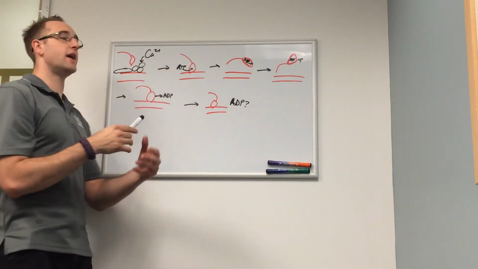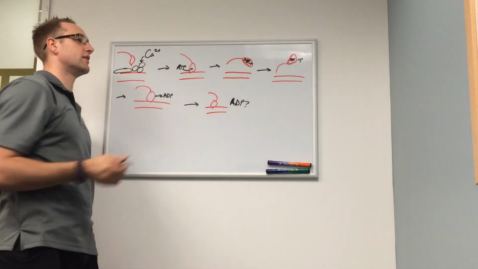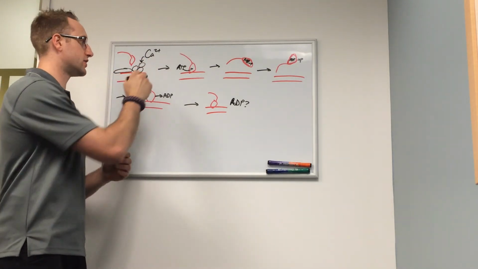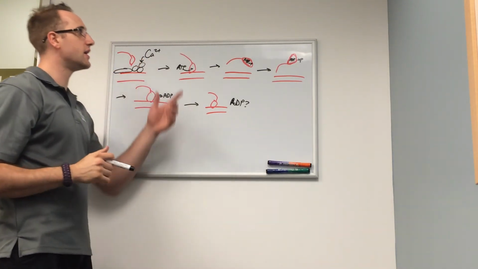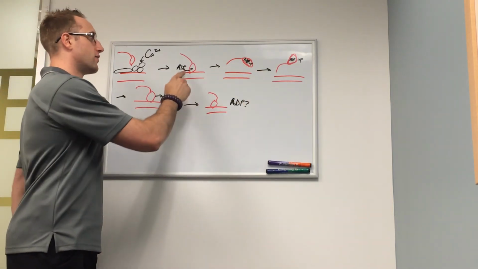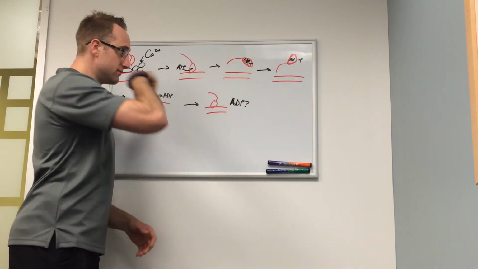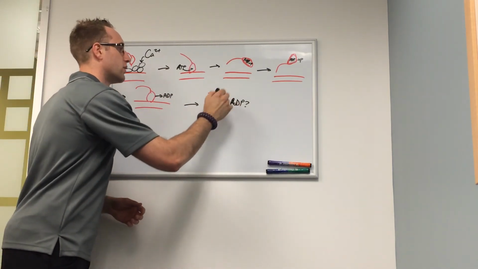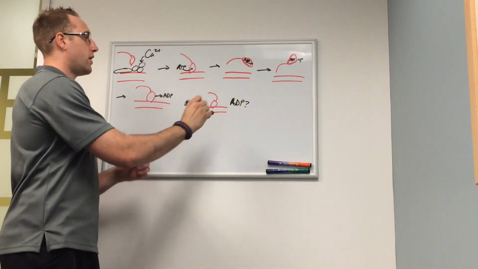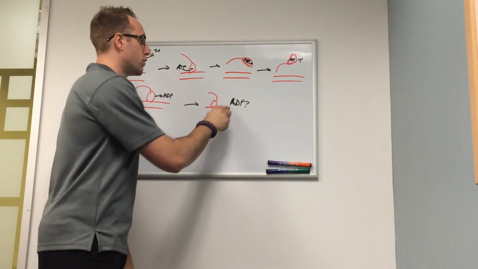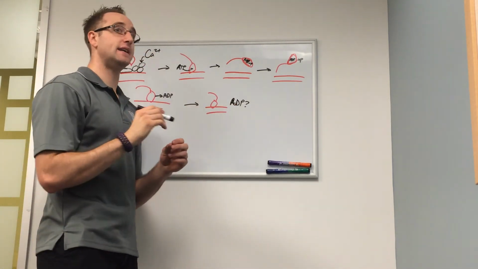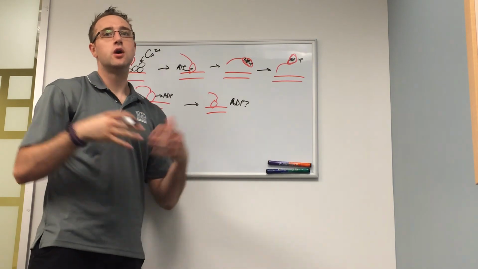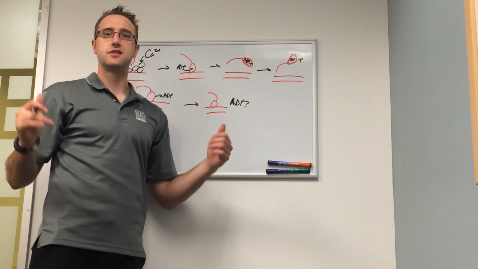We started with calcium entering the muscle cell, shifting the troponin complex and the tropomyosin, exposing the underlying actin, everything that happens with ATP, ADP, M-ATPase, and now we're looking, okay, now we're bound, now we've pulled, we have this ADP floating around. What's happening next? Stay tuned for that one.